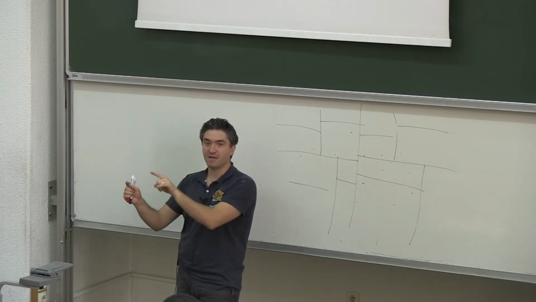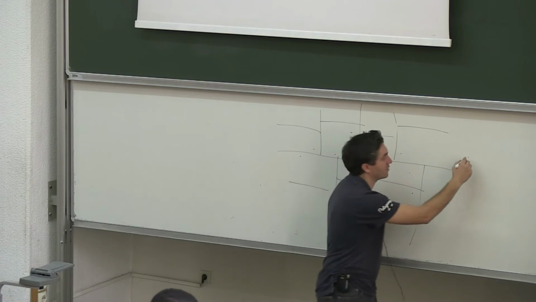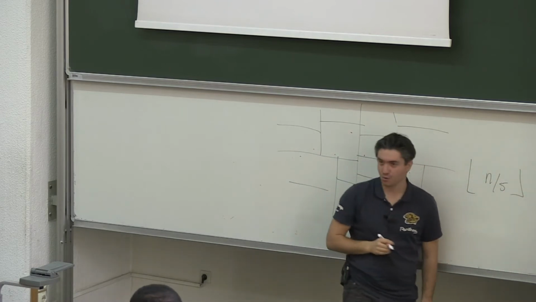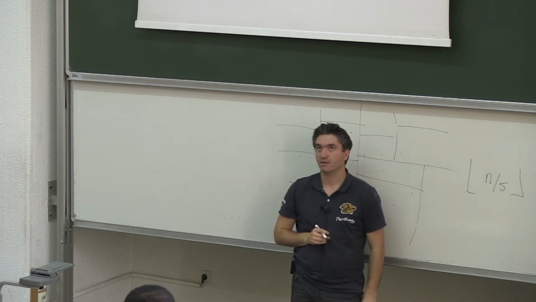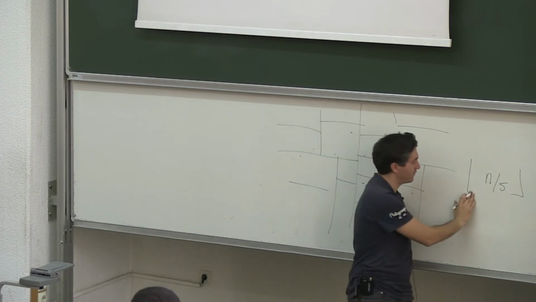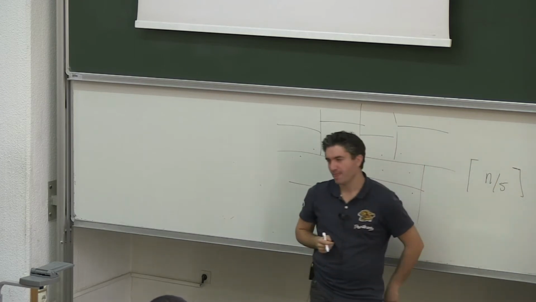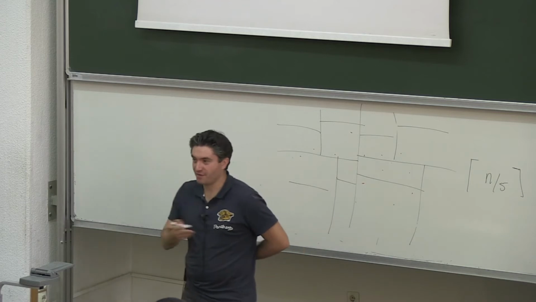So what you have is n over 5 groups, so you have this many groups and this many medians.